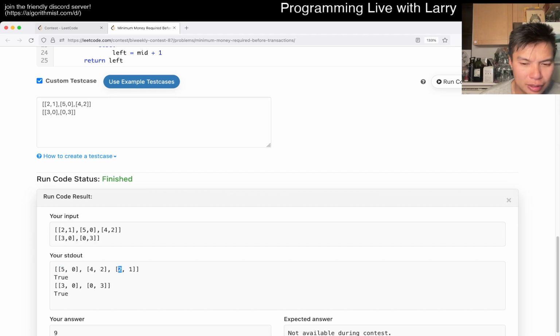And then here, I do 2, and I add 1, I have $3 left. And then this is wrong. Huh. I thought that this would be right. This is why greedy problems are so hard. Huh. To be honest, did not expect this.